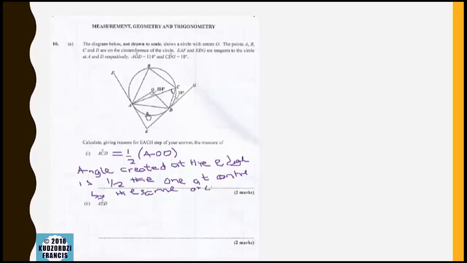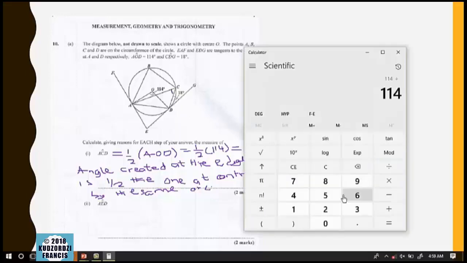So this angle over here is half of AOD, which is half of 114. So half of 114 will be equal to 57 degrees. So that's 57 degrees.